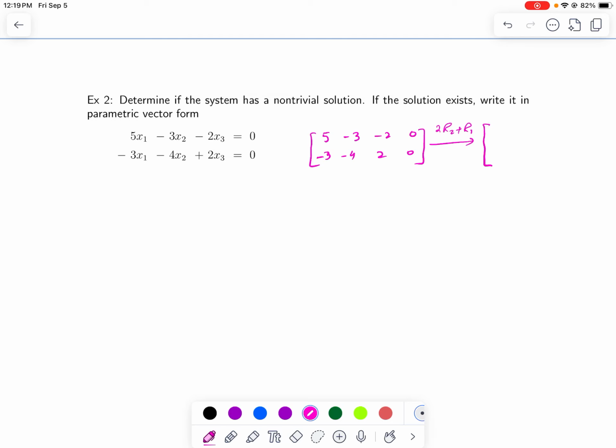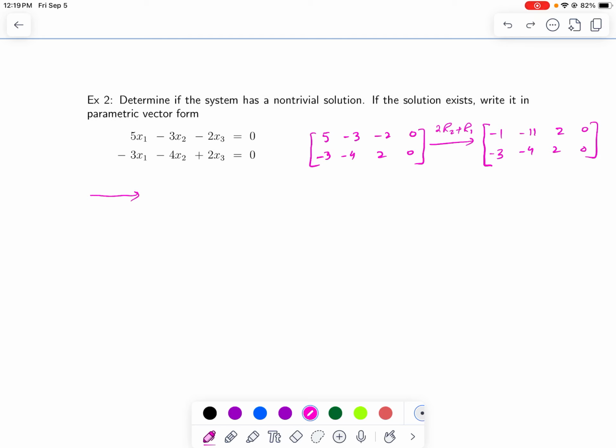what will this give us? So it will give me -1, -11, and 2, and 0. The second row will stay as it is. Okay. So now I can make the 0 in the place of -3 over here.